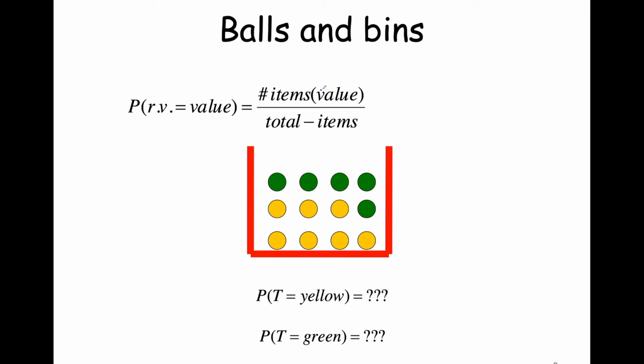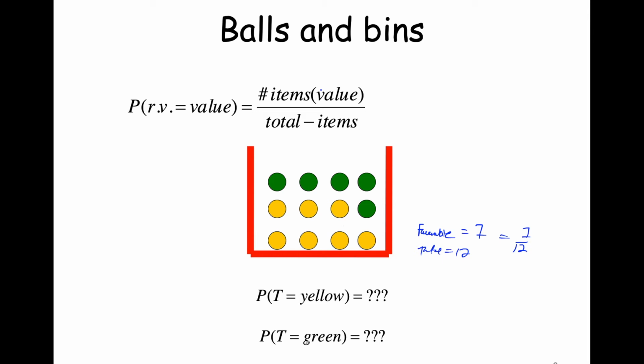All right, you'd say the number of favorable for yellow is 1, 2, 3, 4, 5, 6, 7. That's 7. And the total number is 1, 2, 3, 4, 5, 6, 7, 8, 9, 10, 11, 12. So the total is 12. We express that ratio, that's 7 over 12.